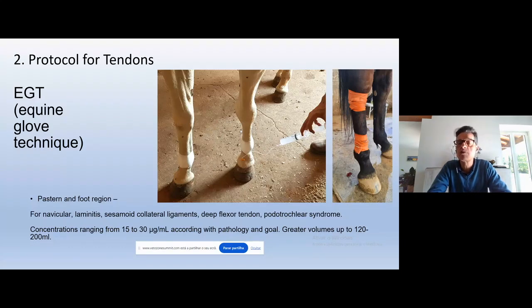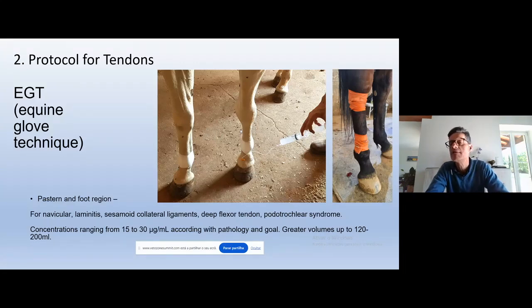And when I speak about podotrochlear syndrome, of course, we speak about the insertion of the deep flexor tendon, and that's why it's here in the tendon part. The photo on the right side is exactly the same animal to which the ultrasound pictures belong.